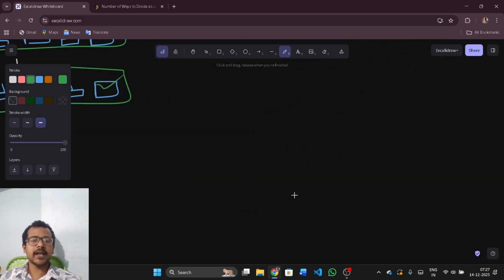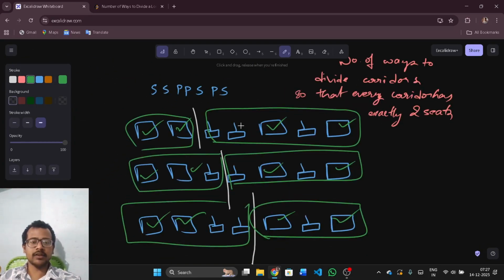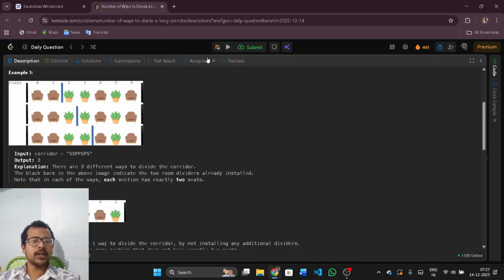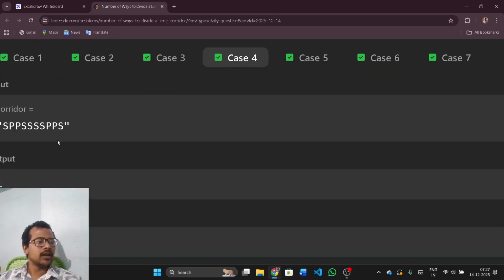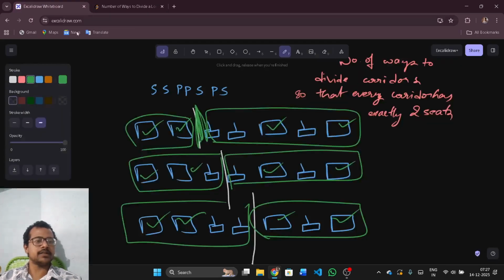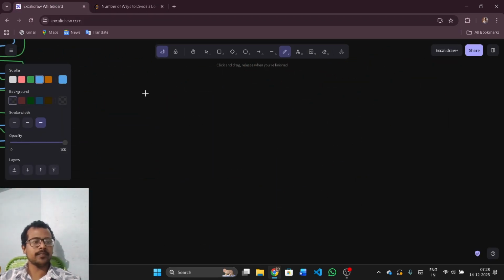Now, let's take another example. You might be thinking that we need to have only one division so that we get two corridors. Let me show you with this case: SPPSPPSPPS. This is the string which we are given.